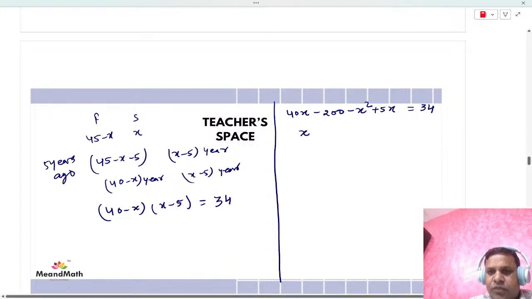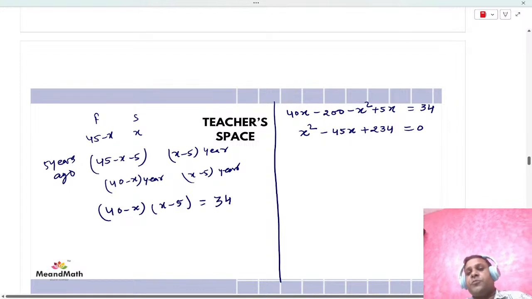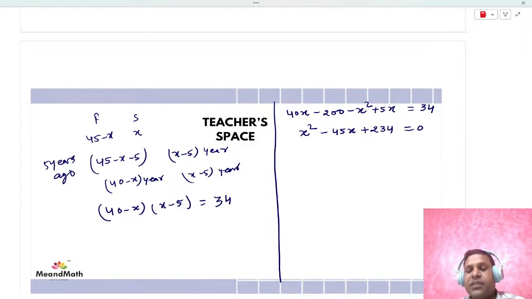So this is x square minus 45x plus 234 is equal to 0. Split the middle term. We have to split 45 such that the multiplication is 234.